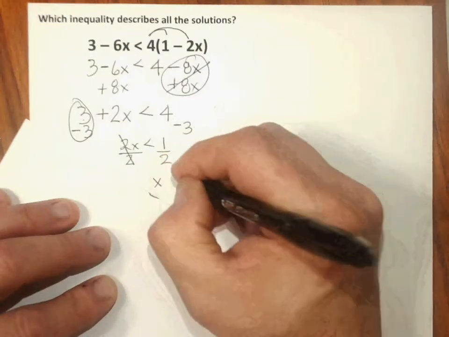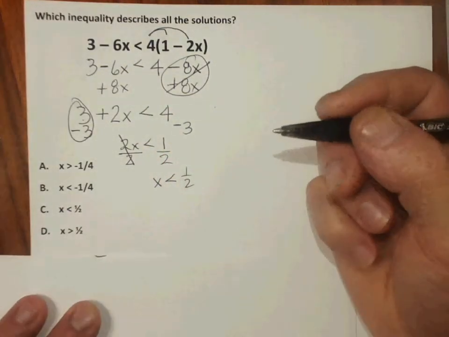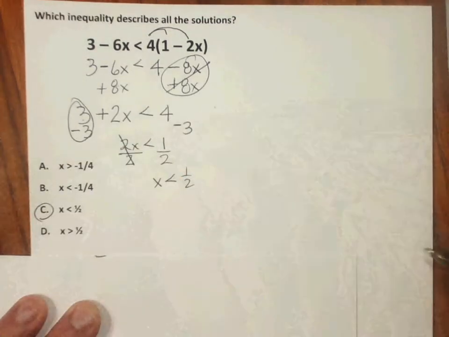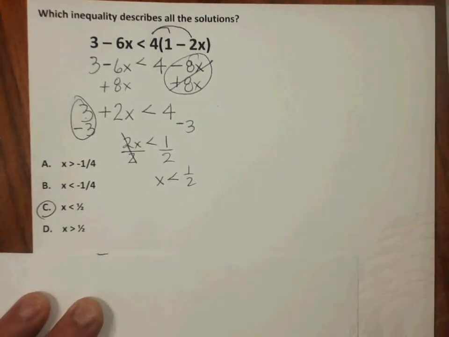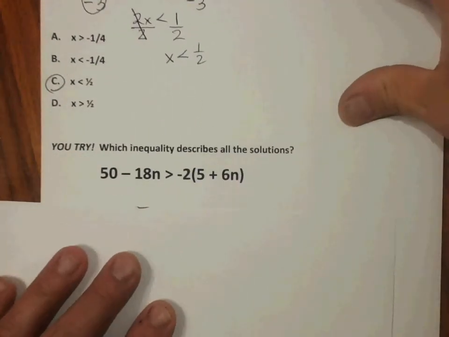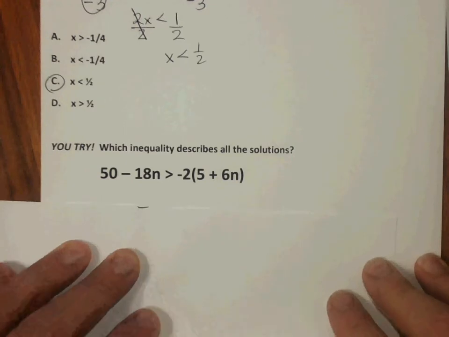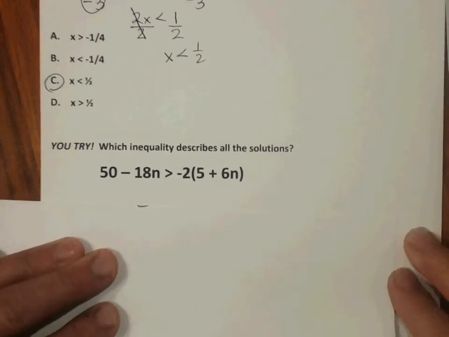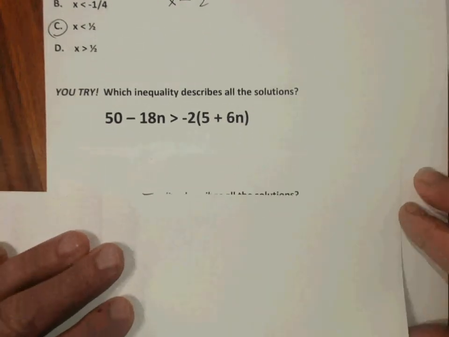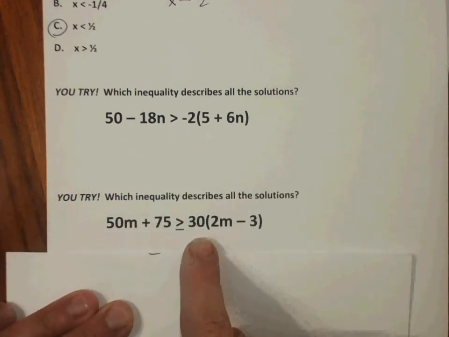And so x is going to be less than 1/2, which is answer choice C. All right, go ahead and give this one a try. Now, last one, give this one a try.